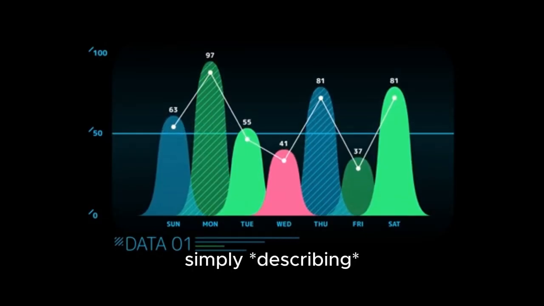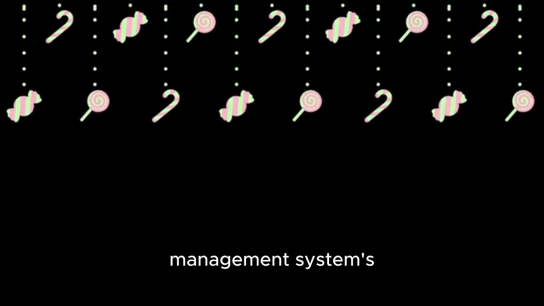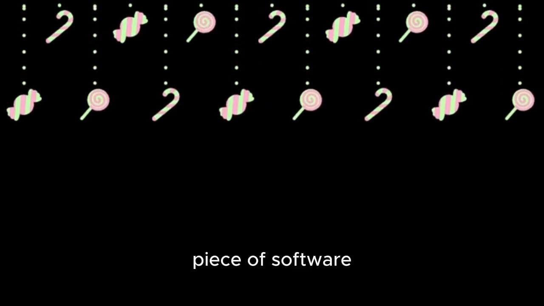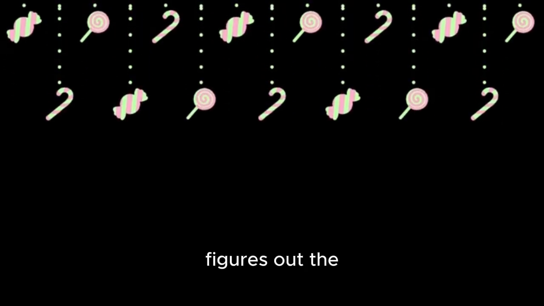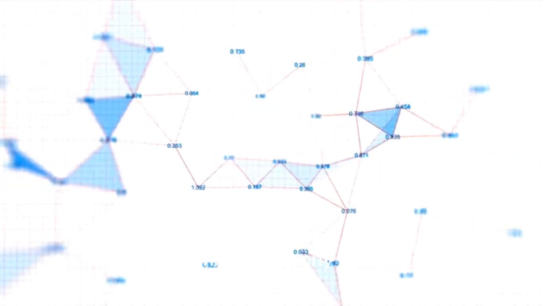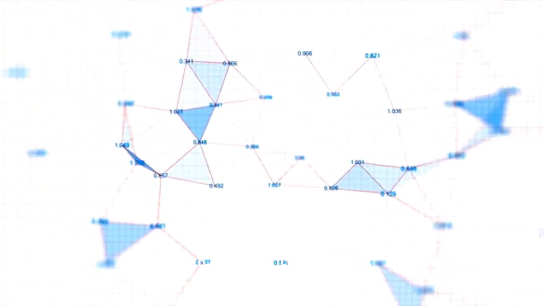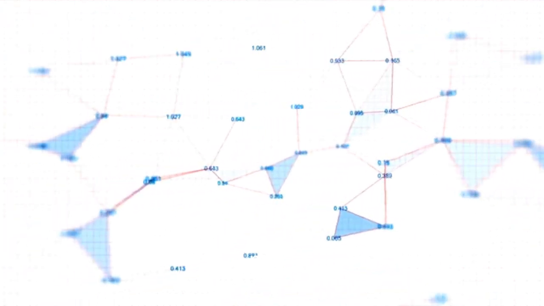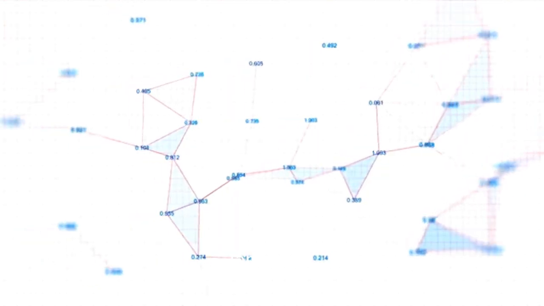You're simply describing the data you want. The database management system's query optimizer, a highly complex piece of software, figures out the most efficient way to retrieve it. This philosophy is identical to logic programming. In fact, Datalog, a subset of Prolog, is a powerful database query language.